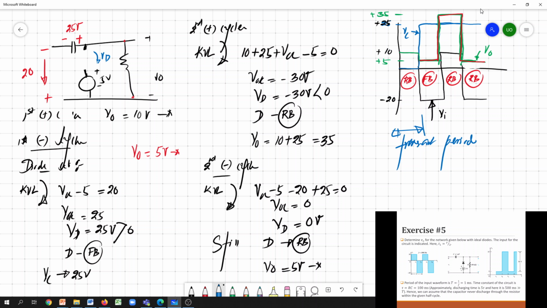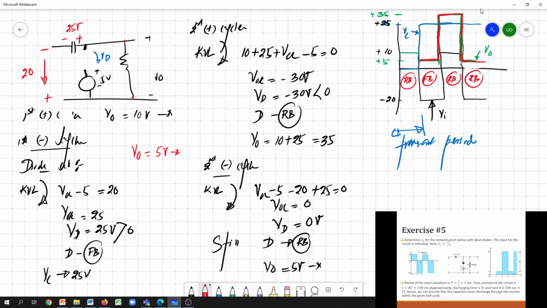Then after a certain set of cycles, the output comes to a kind of steady state, and this output remains as it is. So once it moves to the steady state, we can say that this is the steady state output, the one which I marked in red.